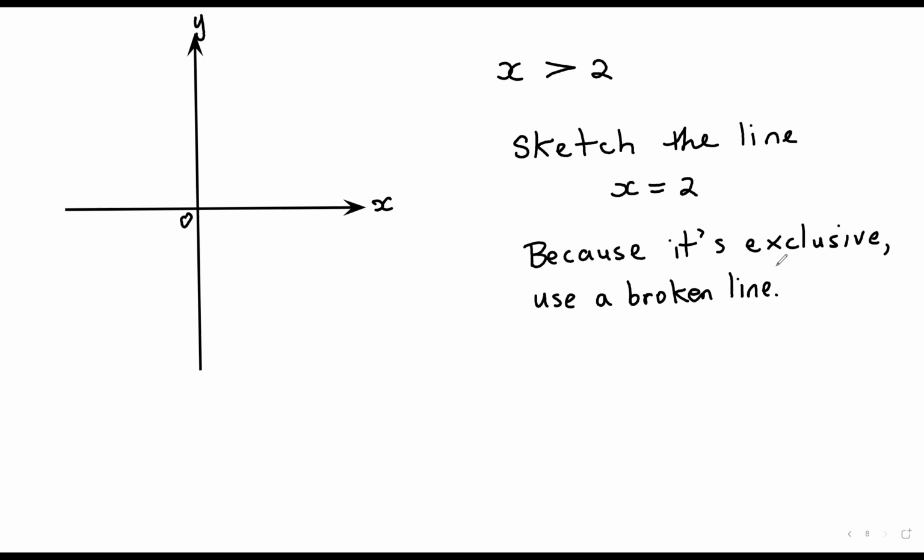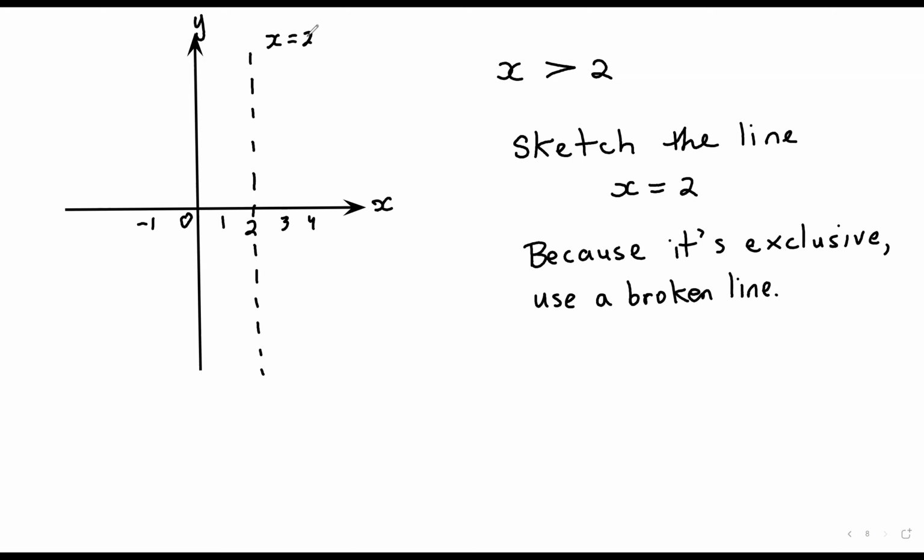Right? So let's say 2 is here, right? Greater than 2 is going to be all the regions to the right of 2. Because here would be 1, here would be 3, 4, and so on, -1, etc. So you would have a broken line passing through x is equal to 2.